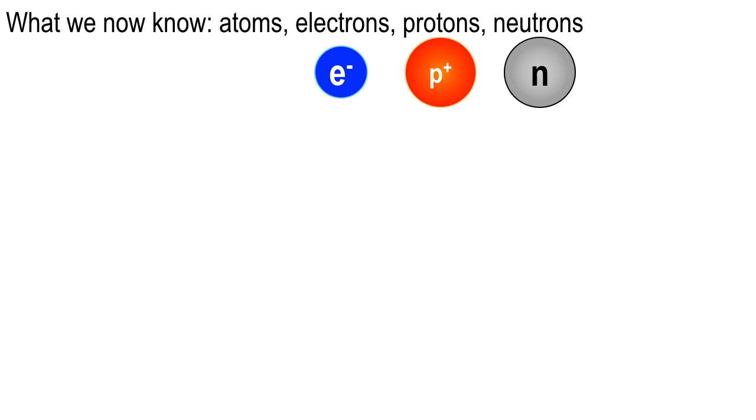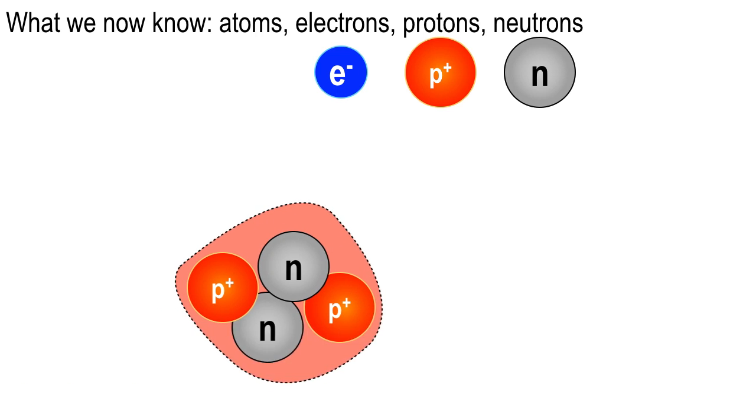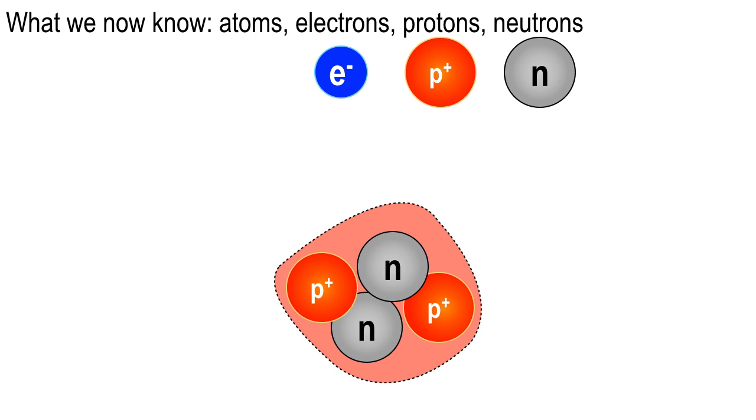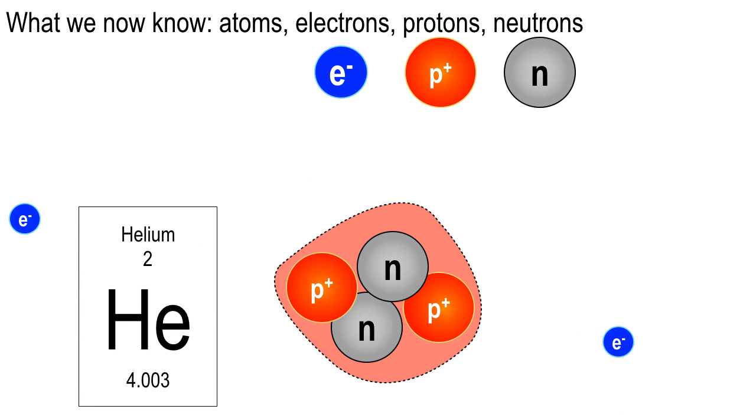Here's a little summary of what we know about electrons. We think that the nucleus, for instance this helium nucleus, has 2 protons and 2 neutrons, and that there are 2 electrons orbiting the nucleus.